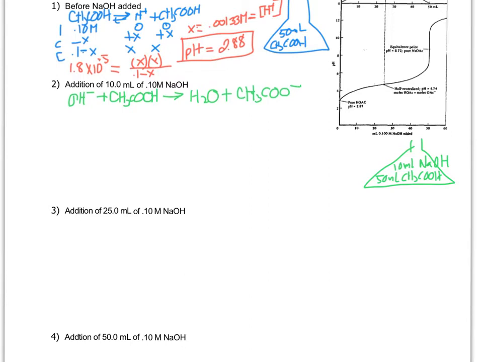So I'm going to start with how much I have, how much reacted, and what's left over. So I have 50 milliliters of my acetic acid, which is 0.1 molar, so 0.05 liters times 0.1 molar would be 0.005 moles. So I'm going to write that down.